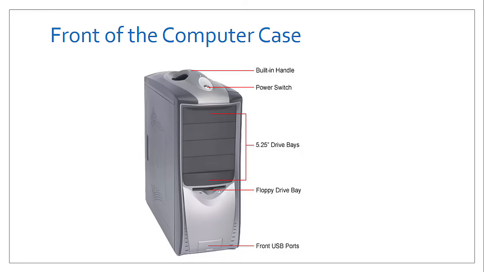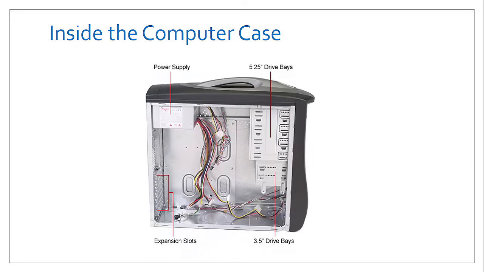As you can see, this one represents the tower shape. We also have the desktop shape. This other diagram shows the inside of the computer case. You can see the wire cables, the power cables. These ensure that the computer can power the internal components.